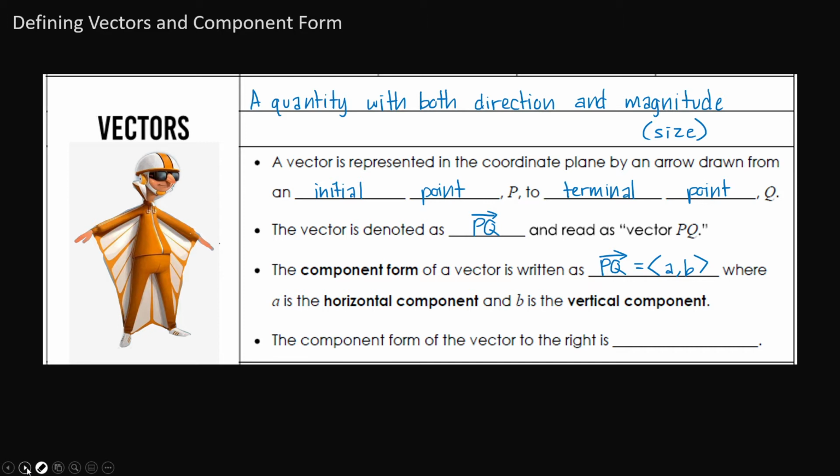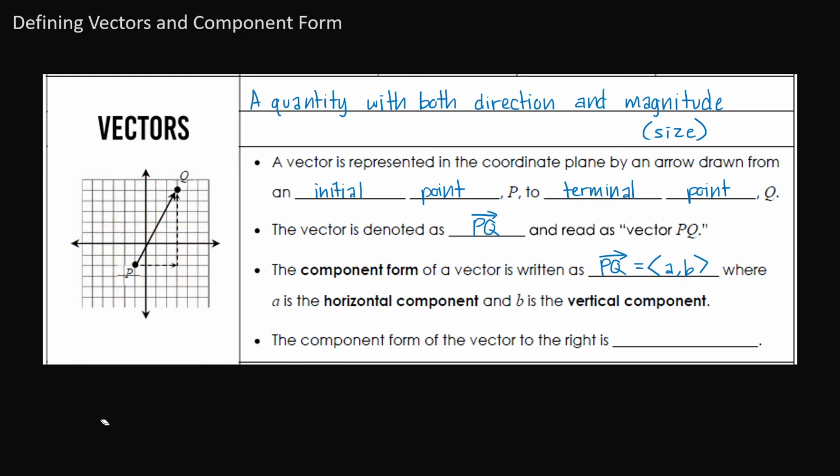So when we think about vectors, you probably think about this Despicable Me character, but they're actually a little bit different. So a vector is a quantity with both direction and magnitude. And when I say magnitude, I mainly mean size.